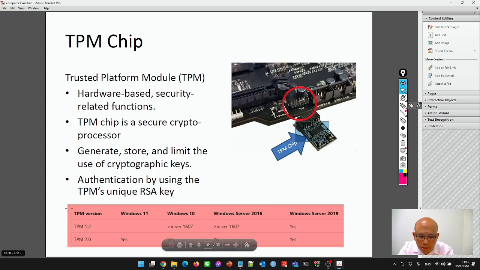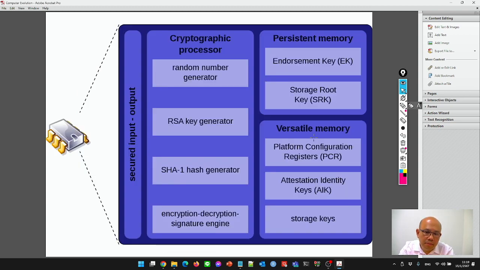Now the TPM chip has version 2. You can use it on Windows 11. Inside the TPM chip there is a random number generator, like the random circuit I told you about in the last chapters. And it has mechanisms for RSA key generation, hash generation, and storing the root key.